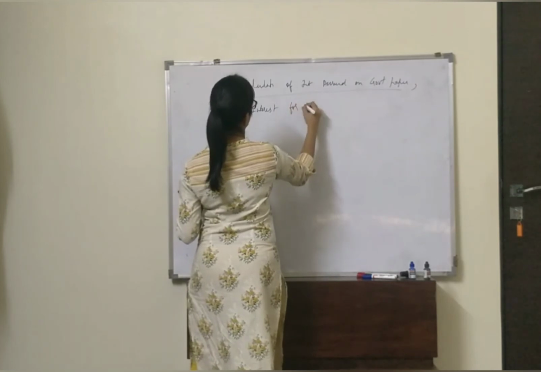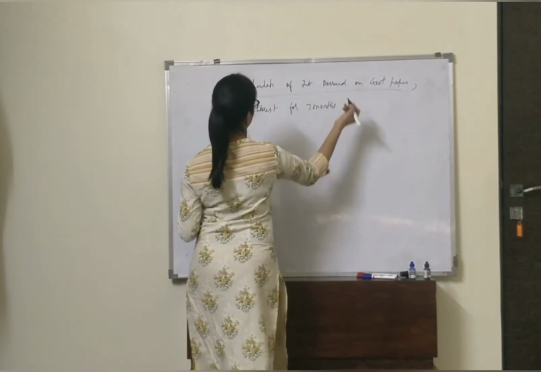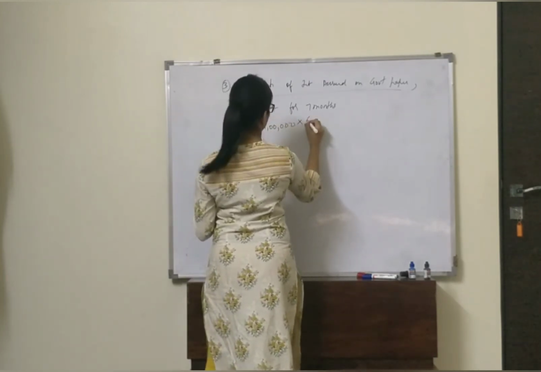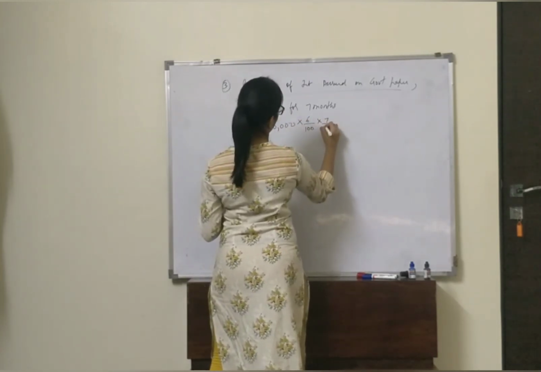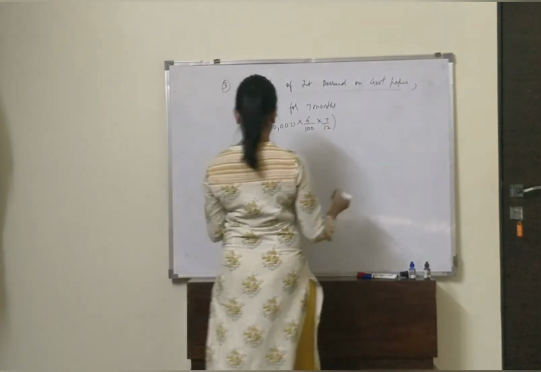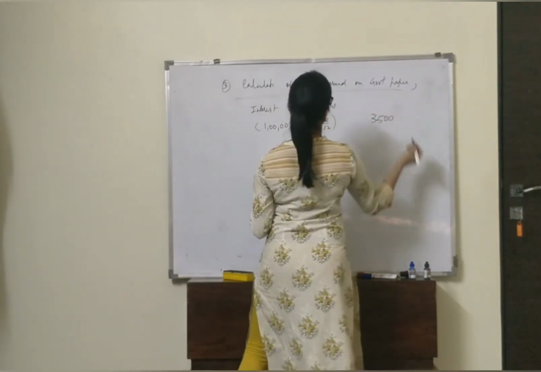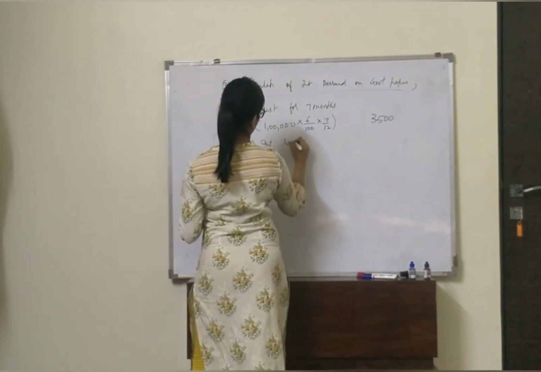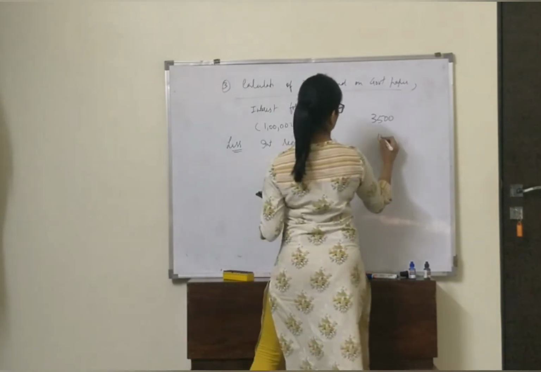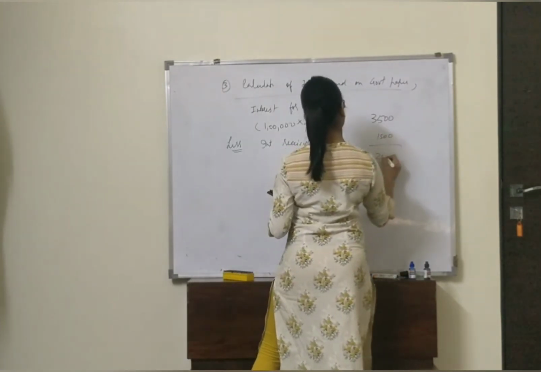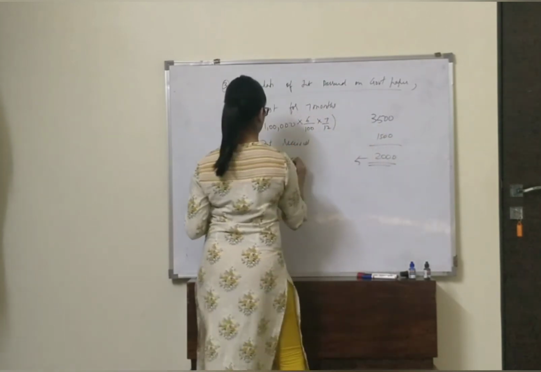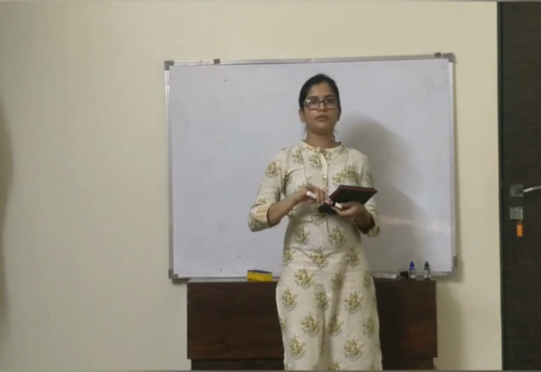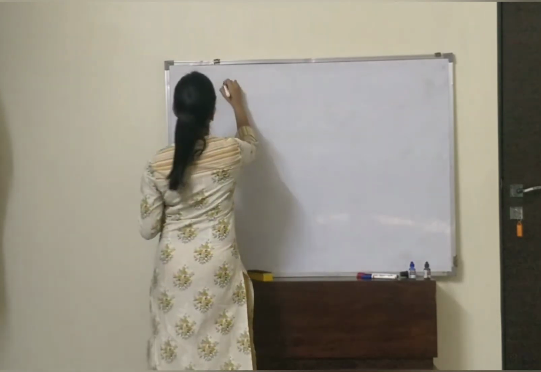Interest for 7 months, open the bracket, 1 lakh into 6 by 100 into 7 by 12, 3,500 less interest received 1,500. Balancing figure 2,000 is interest accrued. Take down the next one. Fourth one.